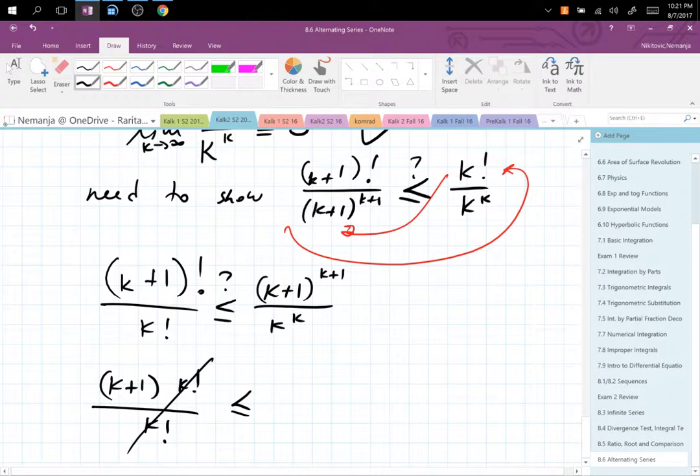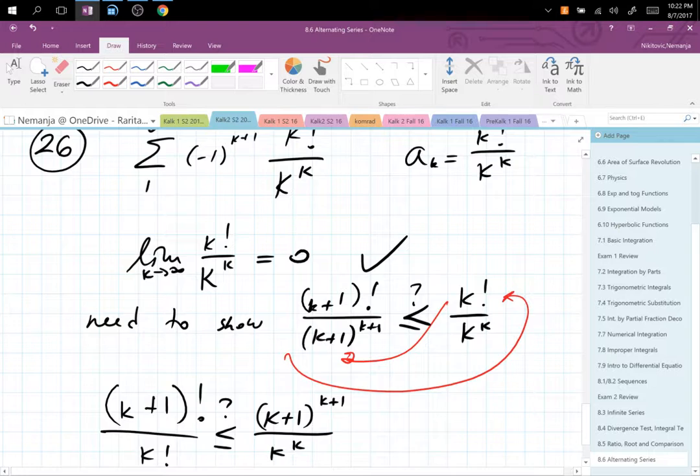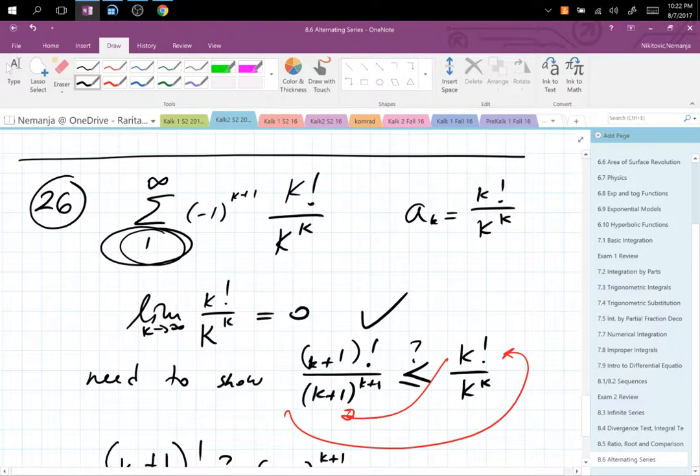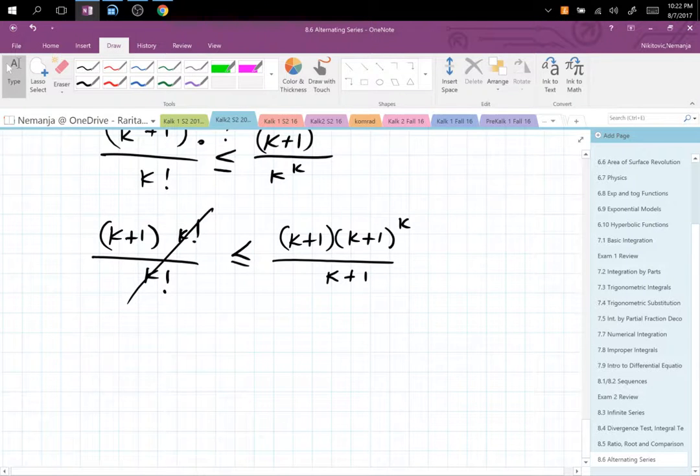It's the next term. Then you have k plus 1 times (k plus 1) to the k over k plus 1. Now, k is at least 1, you look at the problem, k starts at 1.